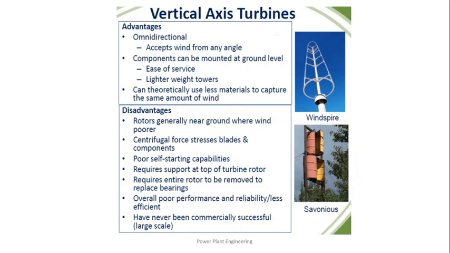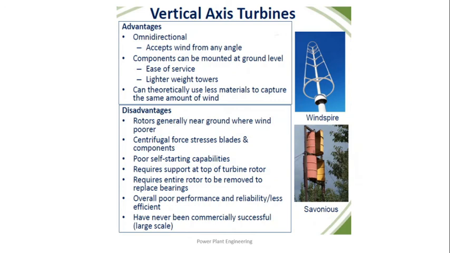While talking about the demerits of the vertical axis turbine, the rotor is generally near the ground where wind is poorer, which ultimately reduces the efficiency or the output from the windmill or turbine. Centrifugal forces stress the blades and components. Poor self-starting capabilities.